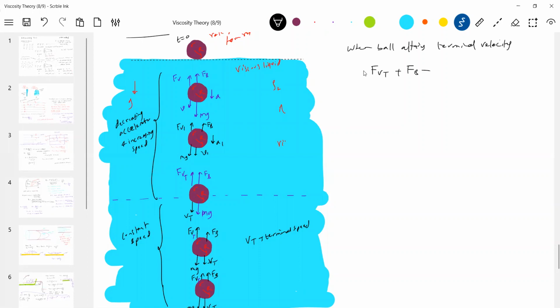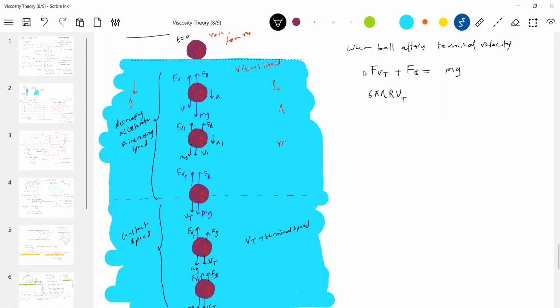Fv plus Fb should be equal to mg. What is Fv? The viscous drag according to Stokes law is 6 pi eta r v. Small r is the radius, and v is the terminal velocity.